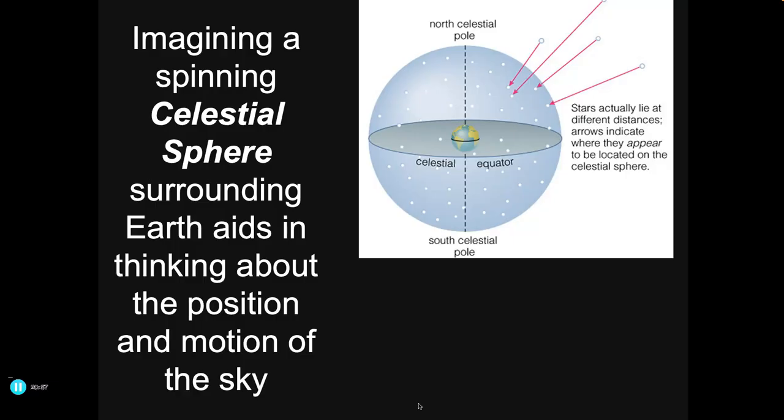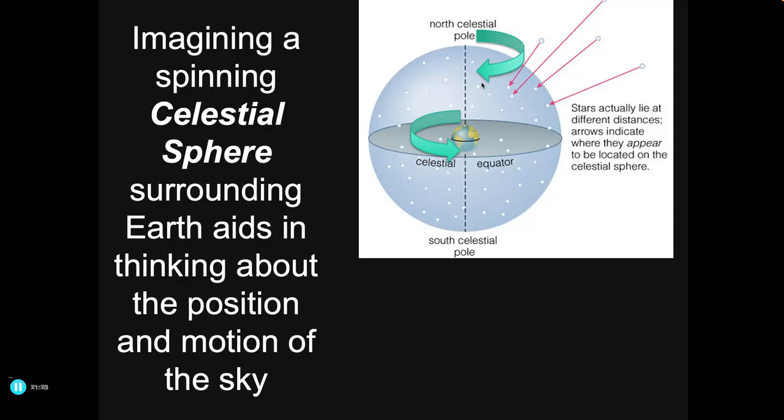And if you watch the celestial sphere, what's actually happening is the Earth is spinning, this way. Since the Earth is spinning eastward, then if you're standing on the Earth looking up at the stars, the celestial sphere appears to be spinning in the other direction.